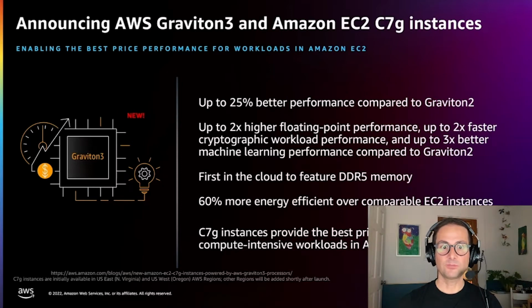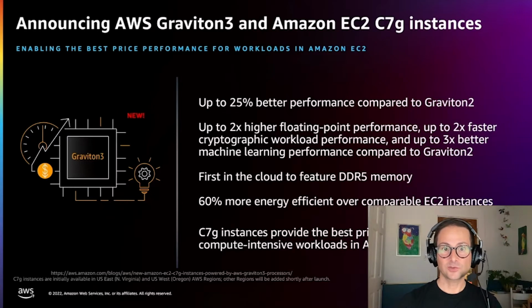The Graviton3 processor and the instances powered with it are also the first ones in the cloud to use DDR5 memory. DDR5 memory offers 50% more bandwidth and consumes a lot less energy.